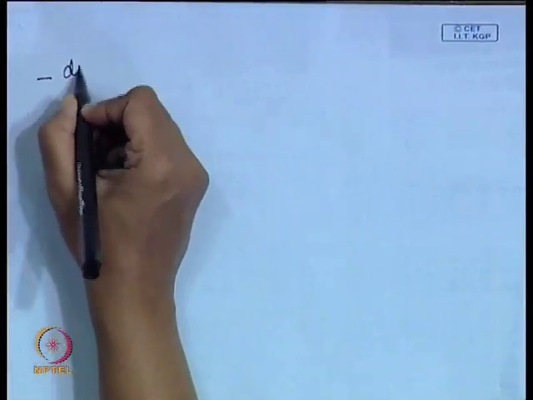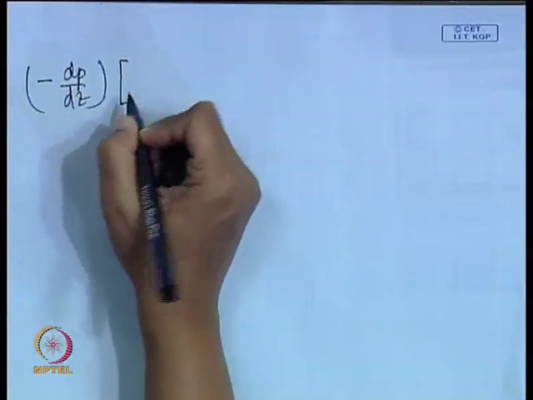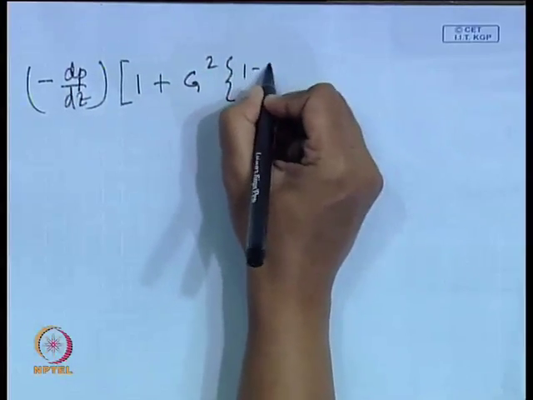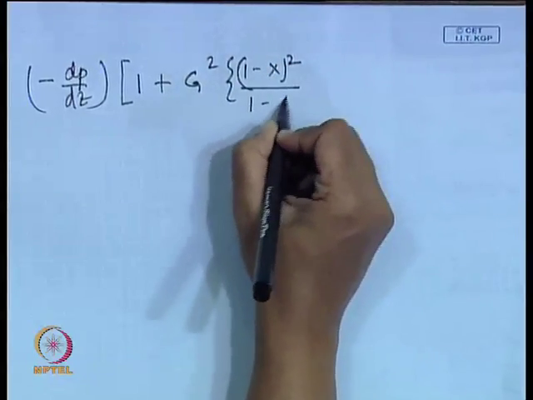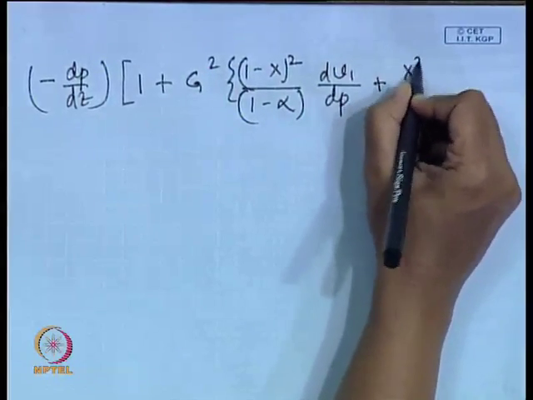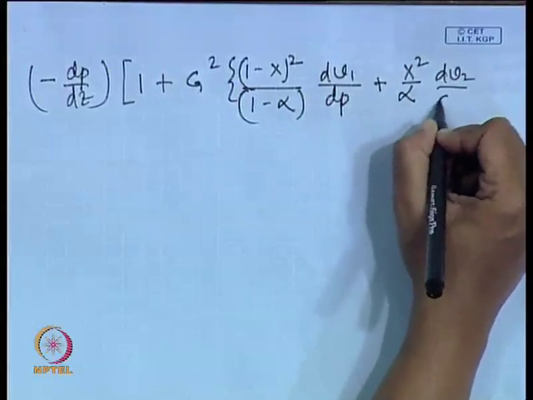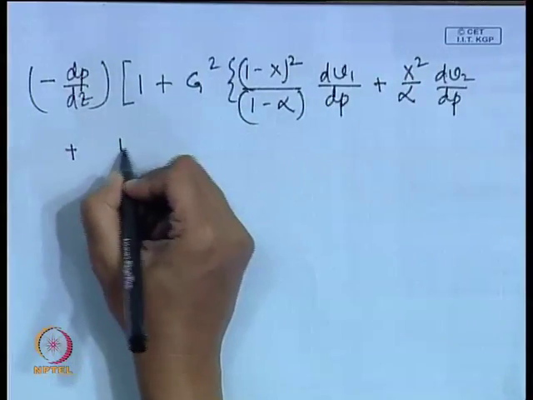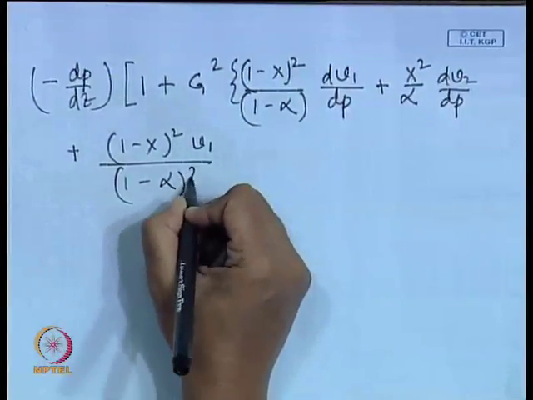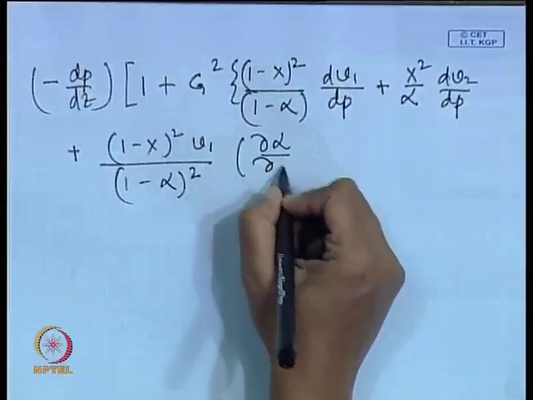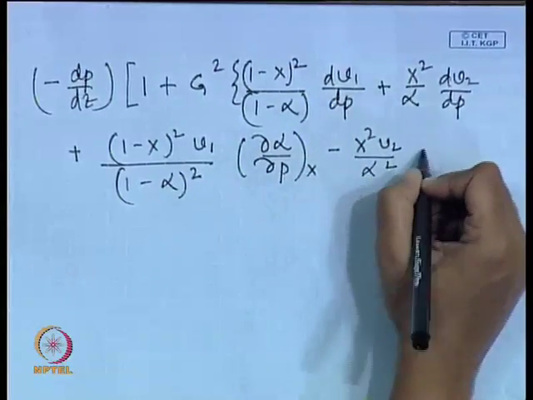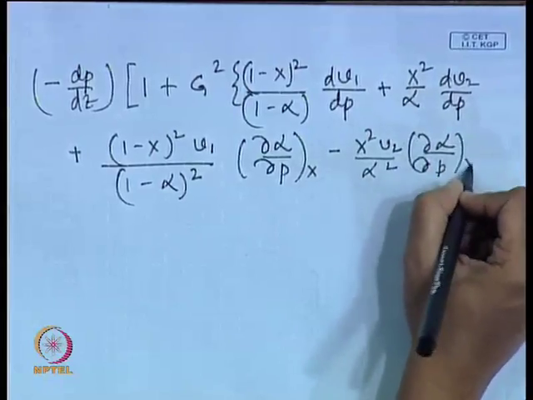And if we do that, what do we get? We get minus dp dz into 1 plus g square, 1 minus x whole square by 1 minus alpha plus x square by alpha, dv 2 dp, plus 1 minus x square v 1 by 1 minus alpha square del alpha del p at constant x, minus x square v 2 by alpha square del alpha del p at constant x.